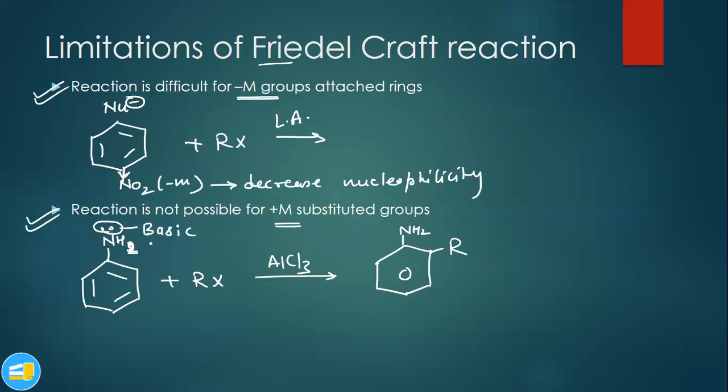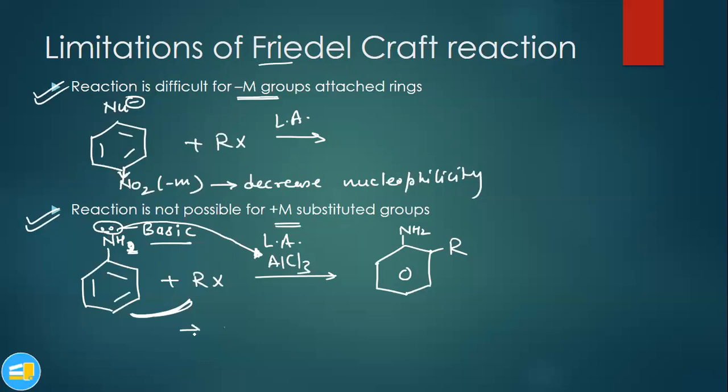Why? Because it has a lone pair, and if a compound has lone pairs of electrons, it will be basic in nature. And this is a Lewis acid. So before the electrophilic-nucleophilic reaction between RX and the benzene ring, an acid-base reaction between the catalyst of the reaction, which is the Lewis acid, and this NH2 plus M group will take place.